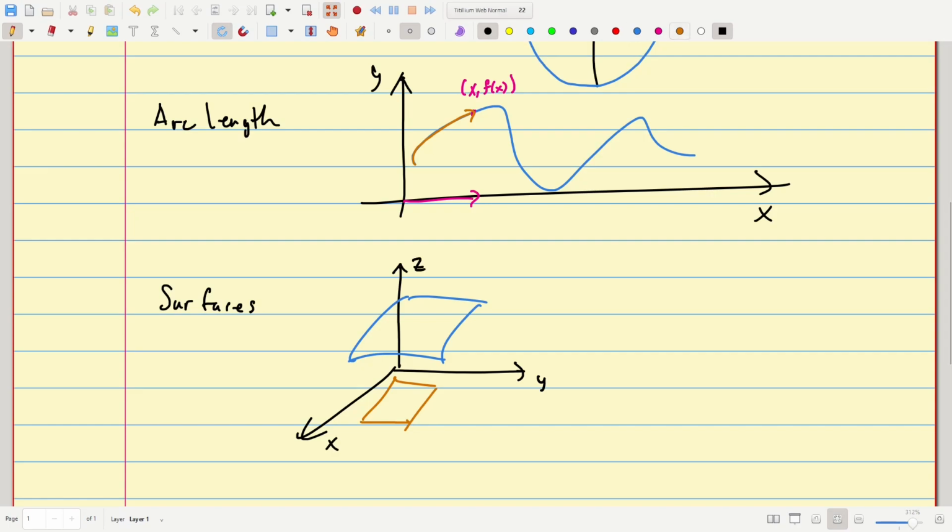All right, but maybe up here, I'm thinking about traveling along the way that the surface is curved. And I want to use different variables in order to accomplish that.